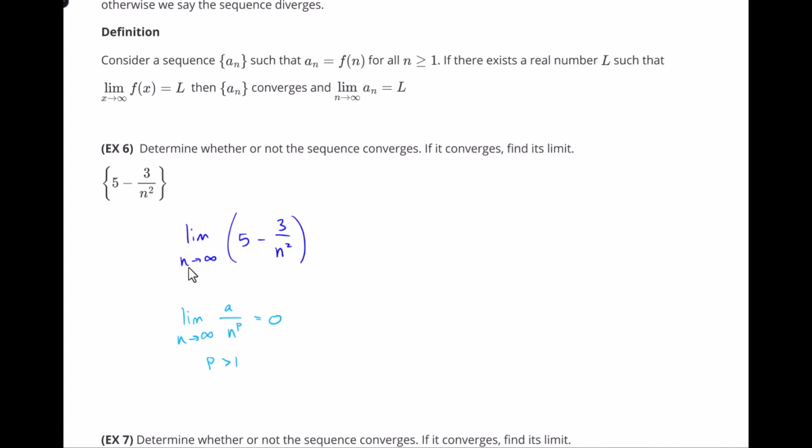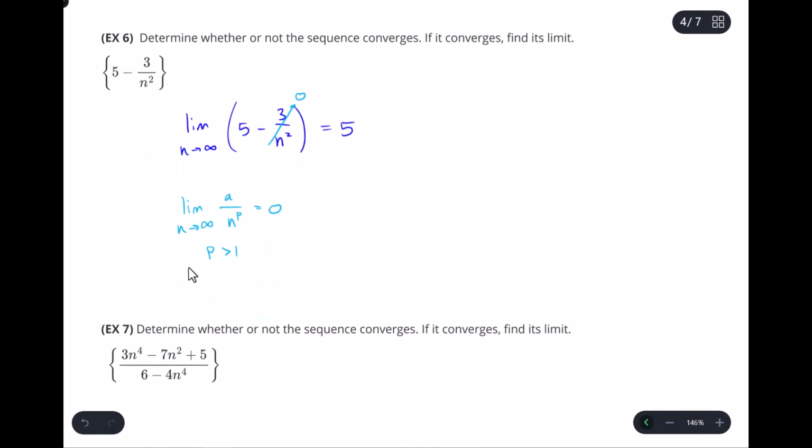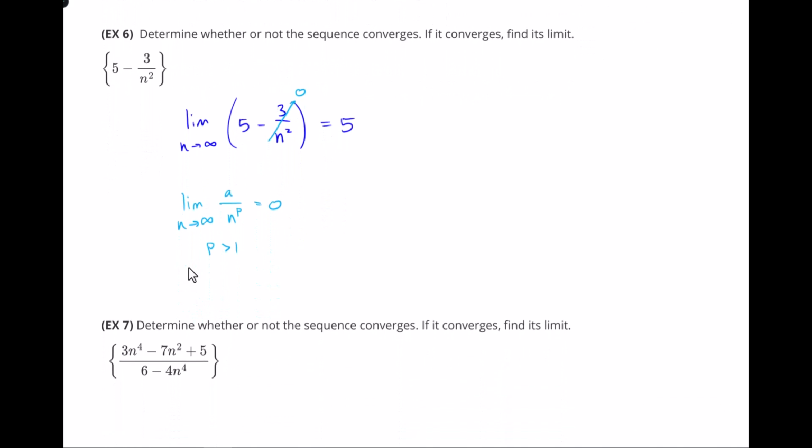Right here, this is just a fraction where the denominator is growing and the numerator is staying constant, so the value of that fraction is going to go to 0. So the value of this limit is going to be the constant value 5. So this sequence converges, and in particular, it converges to 5.